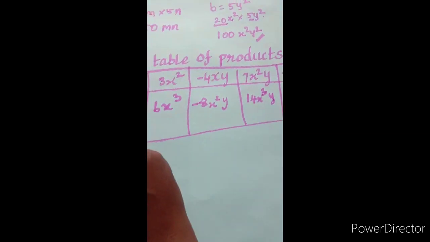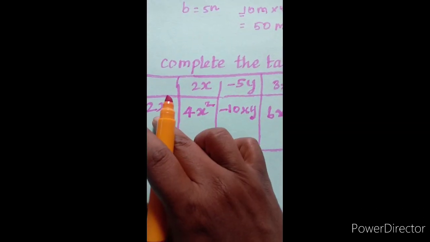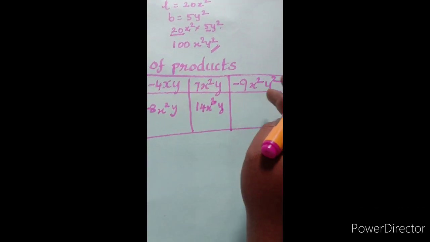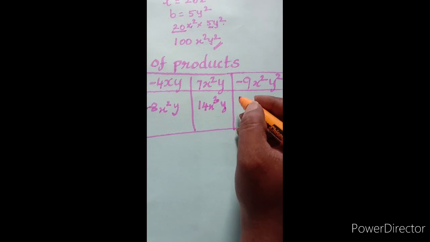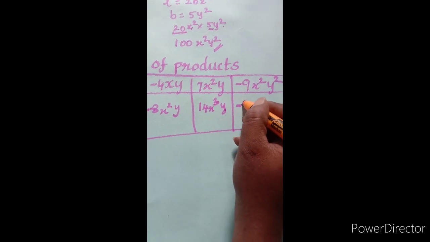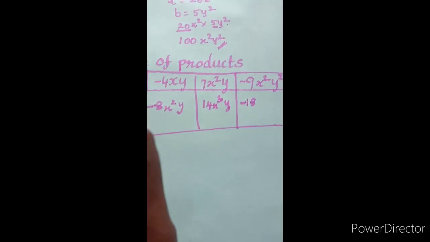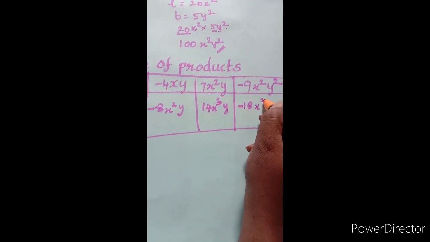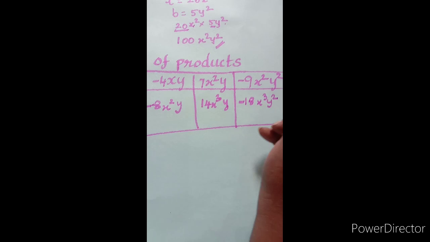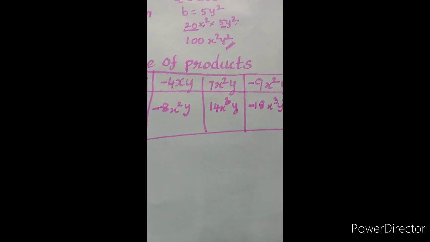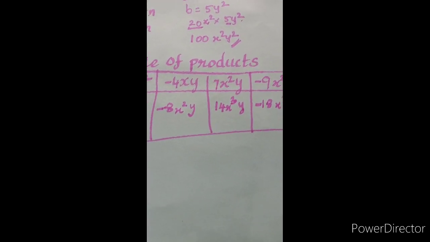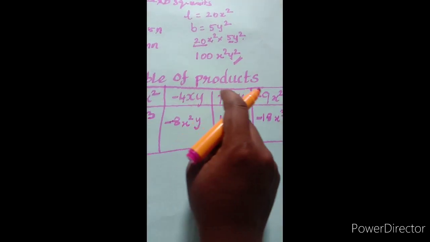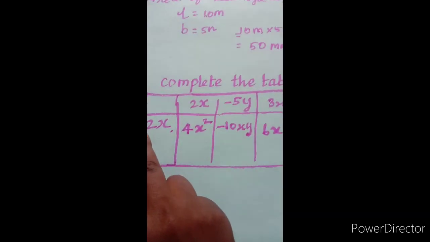Again here 2x is there, 2x into minus 9x squared y squared. So 2 nines are 18, minus 18. Here 1x is there, x into x squared, x cubed, and y squared. So likewise you can multiply the further tabular column with the rows and columns.